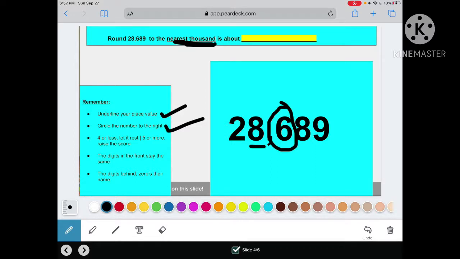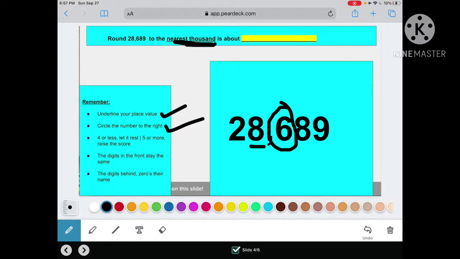So I'm going to raise my underlying number. I'm going to raise my... Oh, you guys can do better than that. I want you to yell it into that camera. I'm going to raise my underlying number. I'm going to raise my... Fantastic job. My underlying number. I do not touch my circled number.